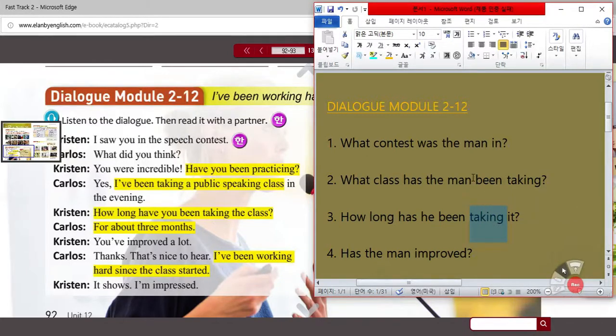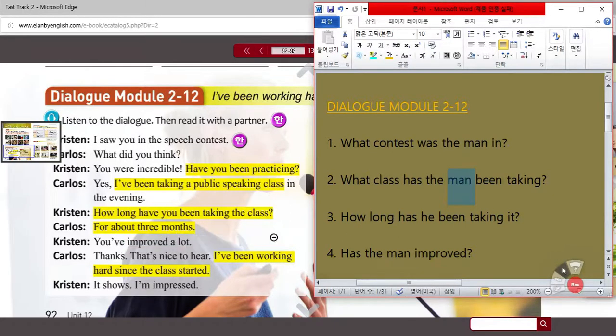Now again, this man is taking a class. He's not inside the classroom right now, but these days, 요즘은, he is taking a class. He is enrolled in the class. And we know if he's taking the class now, he must have started before. So number 3, how long has he been taking it?